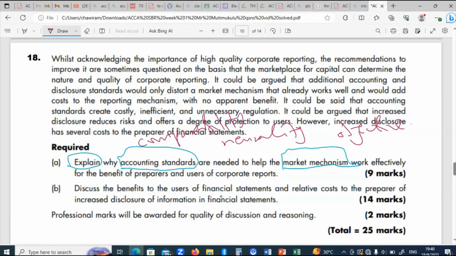All right. The other reason is comprehensiveness. These accounting standards are usually comprehensive or well detailed, such that they are prescriptive, which means they encourage the preparers of financial information to produce comprehensive financial information that is going to be very useful to the users of those financial statements. Okay, I've also spoken about the verifiability of information.